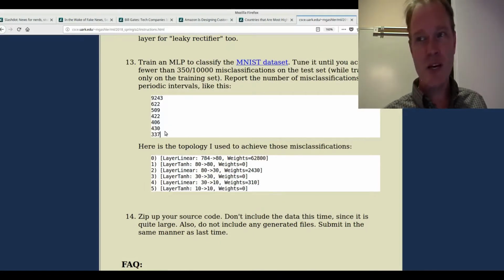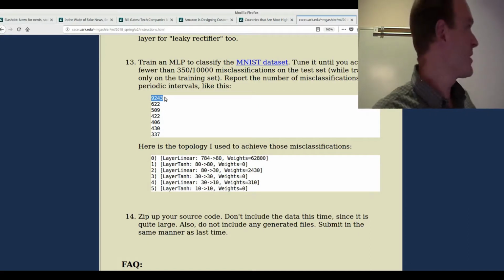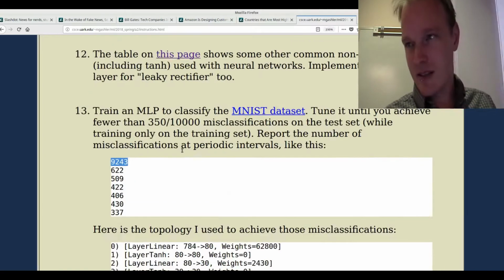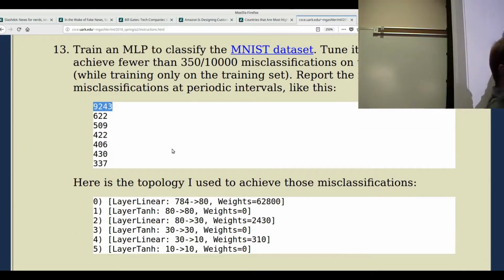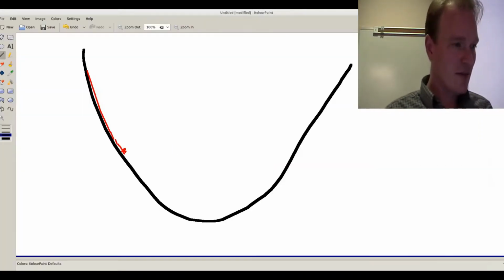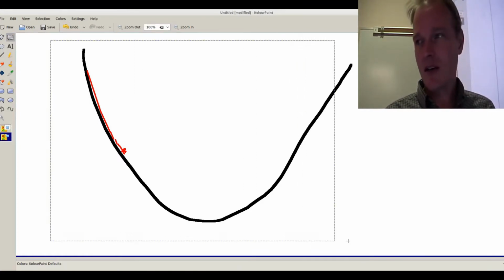This is the output of my implementation of this assignment. I trained for 0 epochs, and then I measured my accuracy against the test data, and I achieved 9,243 errors. This actually makes sense. You should get about 9,000, plus or minus a little, errors on the test data.